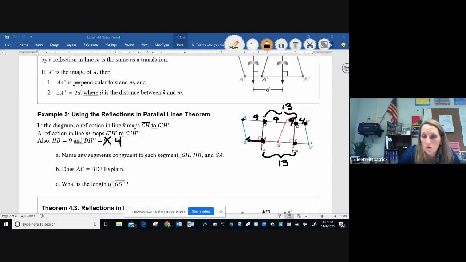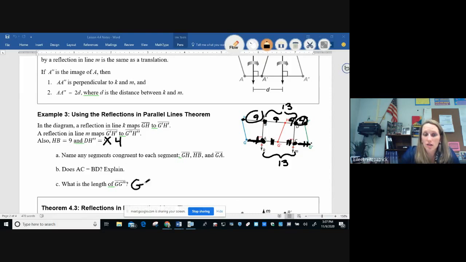The problem is I don't know this segment length and I don't know this segment length. But isn't this segment congruent to this one? AG and AG prime are congruent. And G prime to C is congruent to G double prime to C. And if these two segments add up to 13, aren't the outside segments also going to add up to 13, just like what is happening above? 9 and 4 also add up to 13.